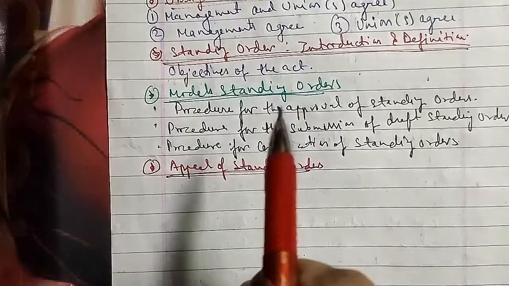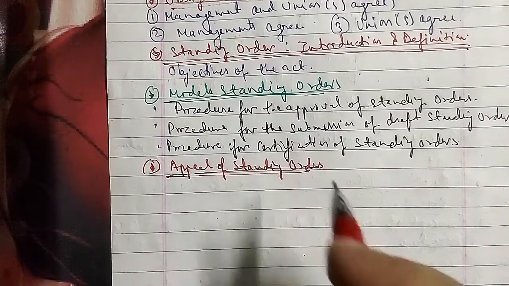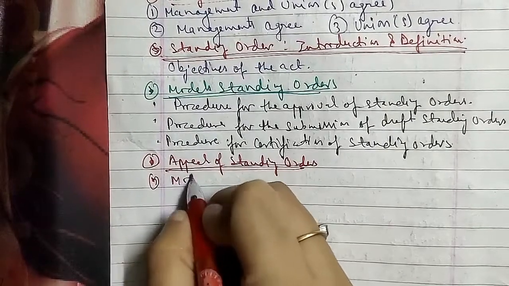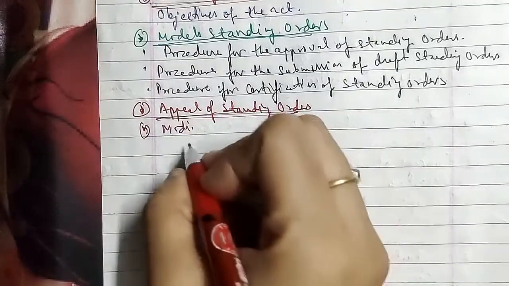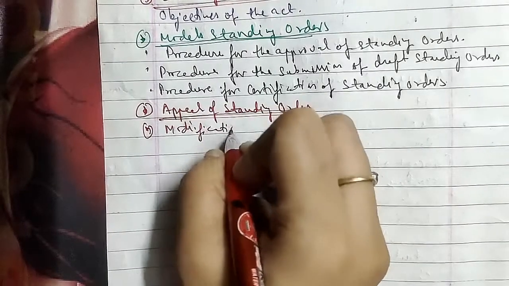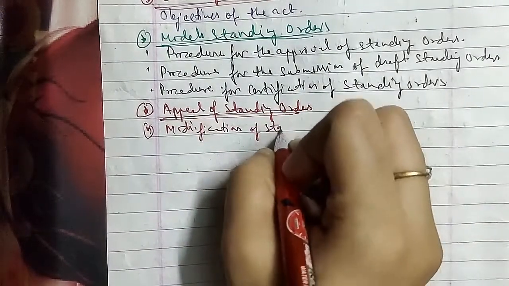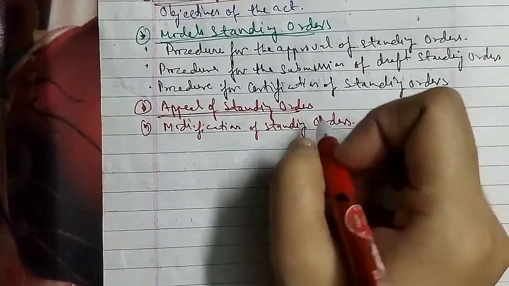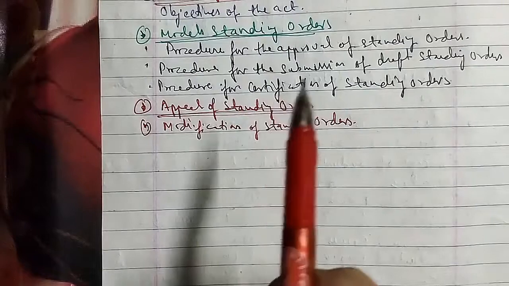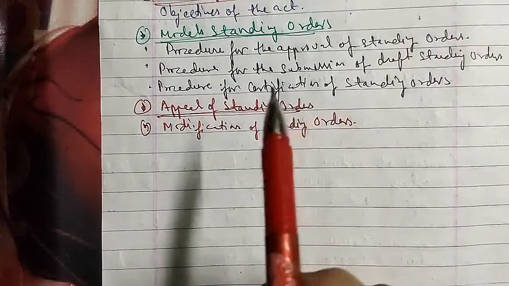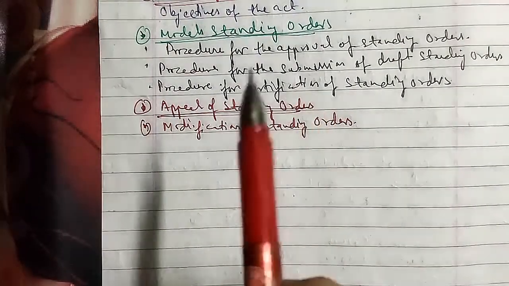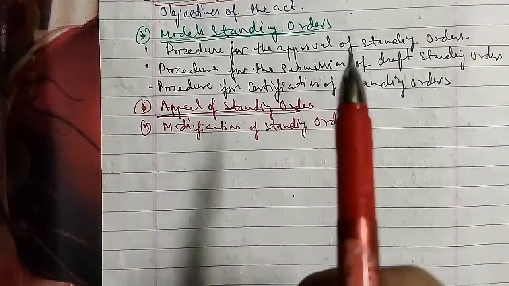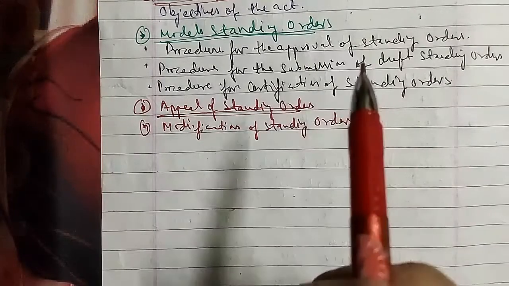We'll talk about the other one, which is modification of standing orders. In modification of standing orders, standing orders finally certified under the Act shall not, except on agreement between the employers and the workmen or their trade union, be liable to modification until the expiry of 6 months from the date on which the standing orders came into operation.